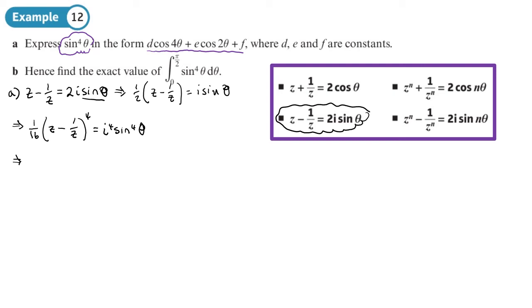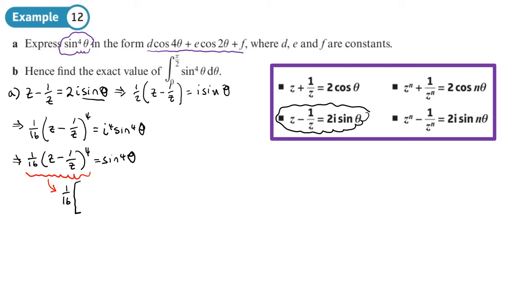So we've got 1 over 16 z minus 1 over z to the power 4 is sine to the power 4 theta. So just like last time, we're interested in expanding this side and seeing what we get. So if we do that, we get 1 over 16, and using a binomial expansion.